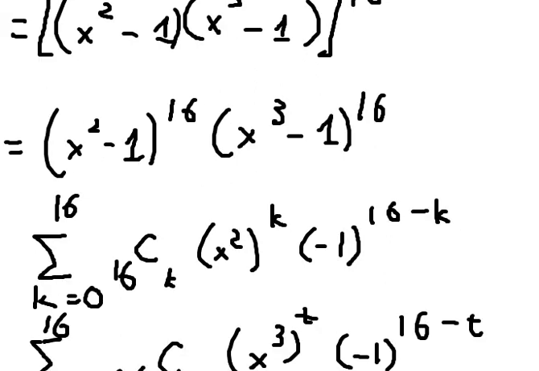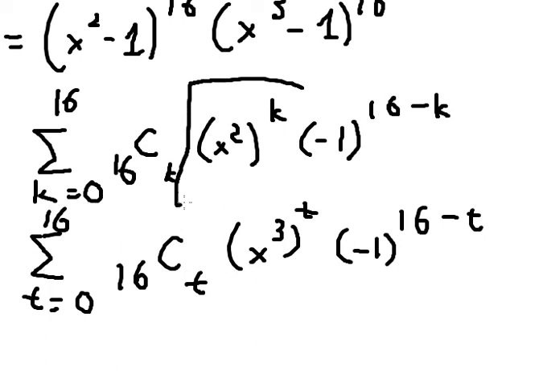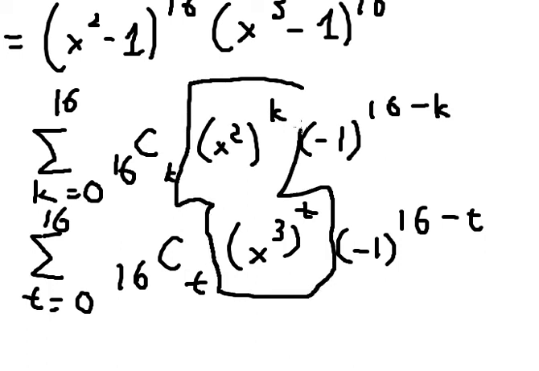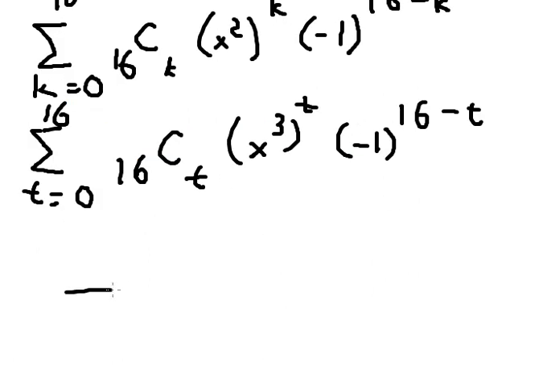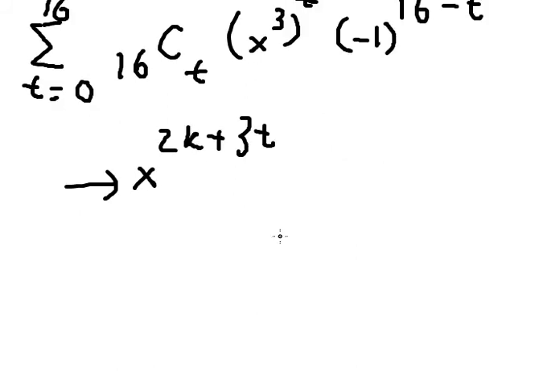Because the two factors multiply each other, we just concentrate on this one first. Because we want to find the coefficient of s to the power of 69, we will have s to the 2k plus 3t. So that means we need to consider this one.